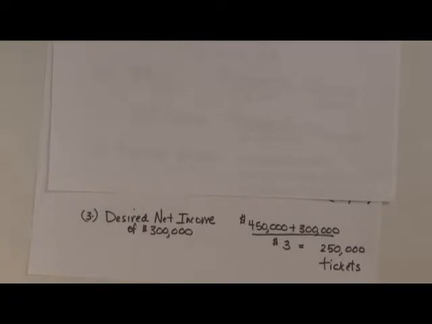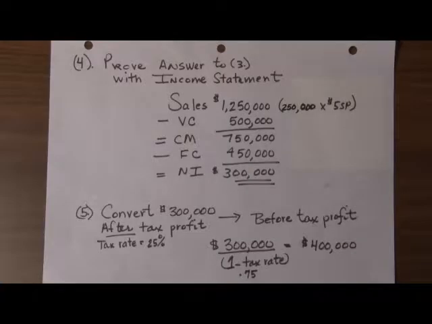So 250,000 tickets will bring us a net income of $300,000. We saw in Module 12A that we could always prove our answers by preparing what we call a variable costing income statement, or an internal income statement, which shows us the contribution margin and proves this net income of $300,000.